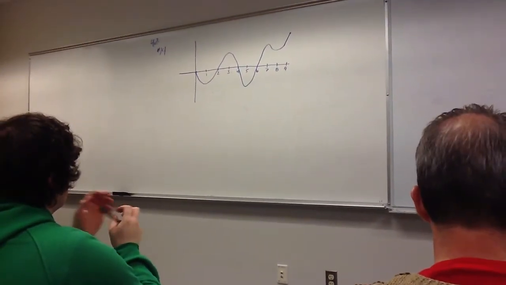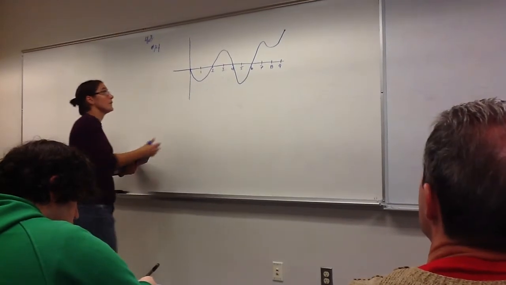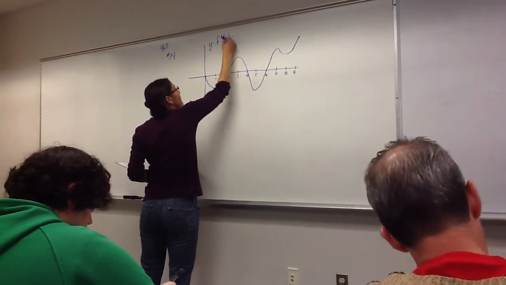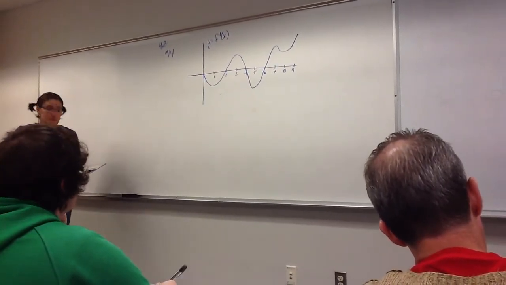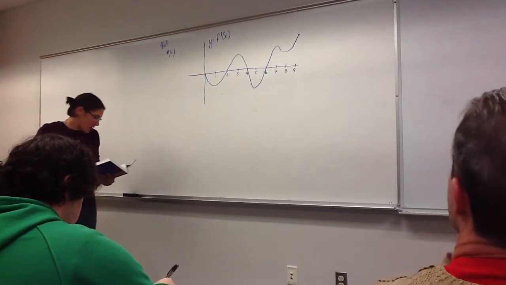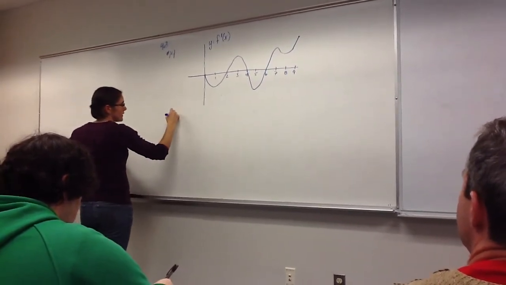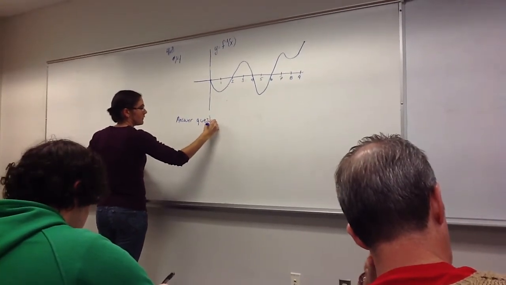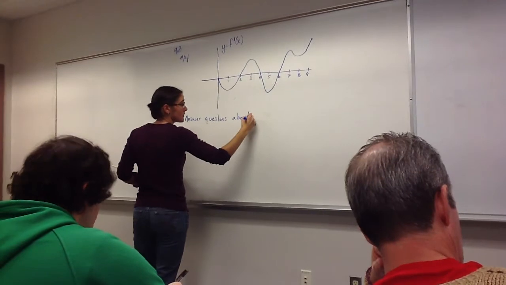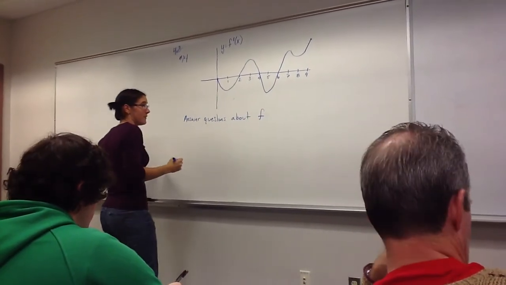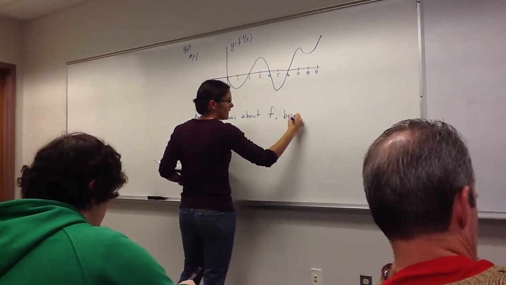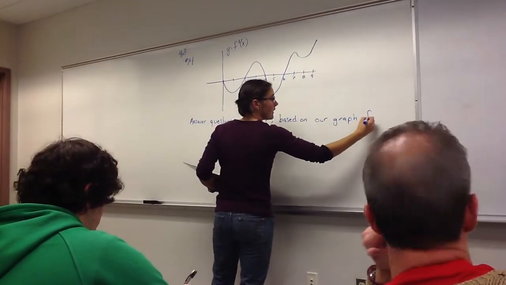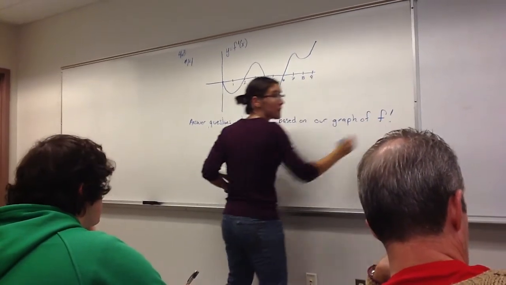Okay, so this is the graph that we're given, and what is especially important about this graph is that this is the graph of f prime of x. And we are trying to answer some questions about the original function f based on our graph of f prime.